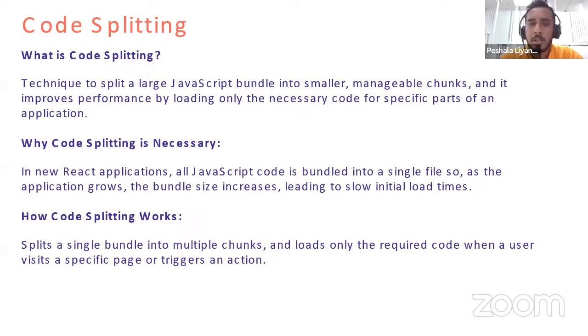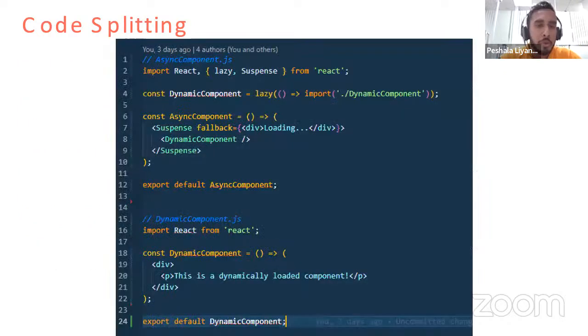Most of the time this is useful if there's an issue when your application initially renders. If there's slowness in initial rendering, then you can use code splitting. I'll show you how to do it.